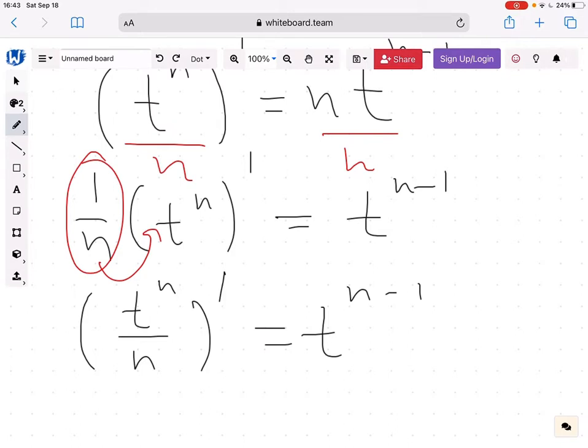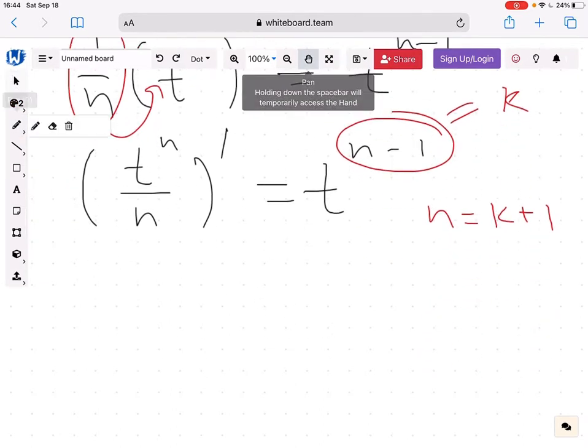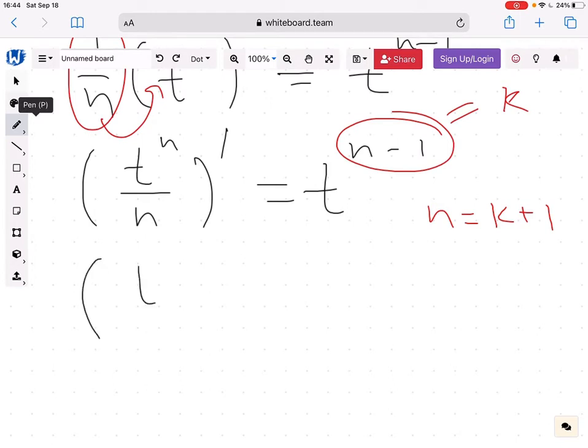Now, to make this look prettier, we're going to replace this n minus 1 with k. In this case, n will become k plus 1. And our formula becomes looking like this.